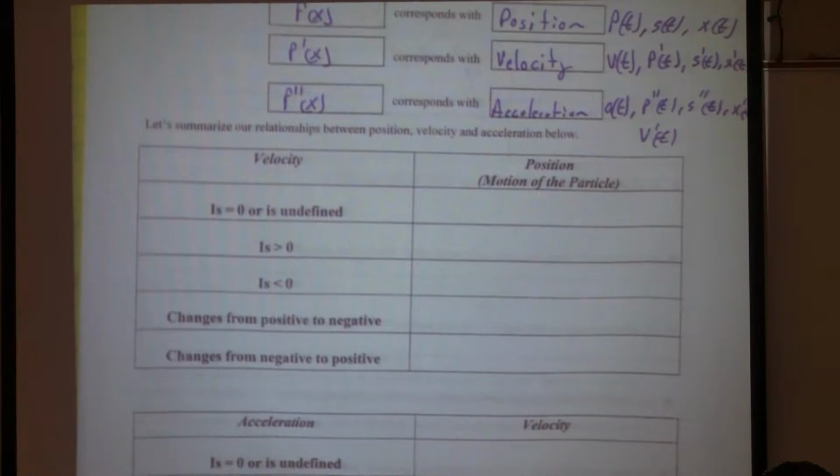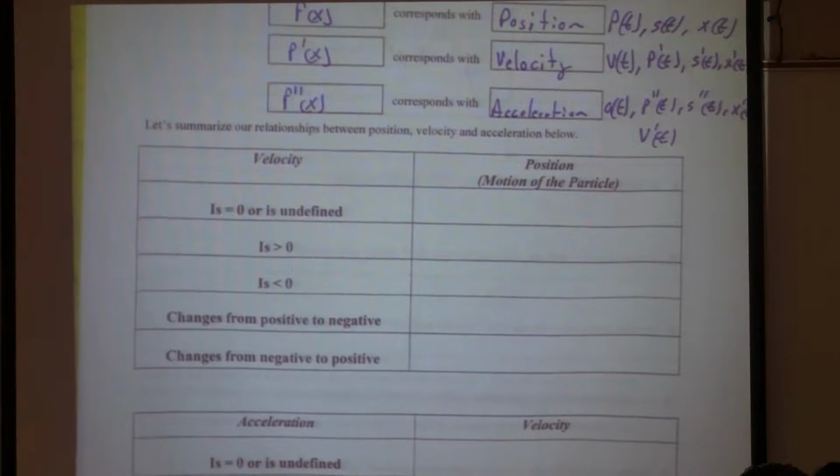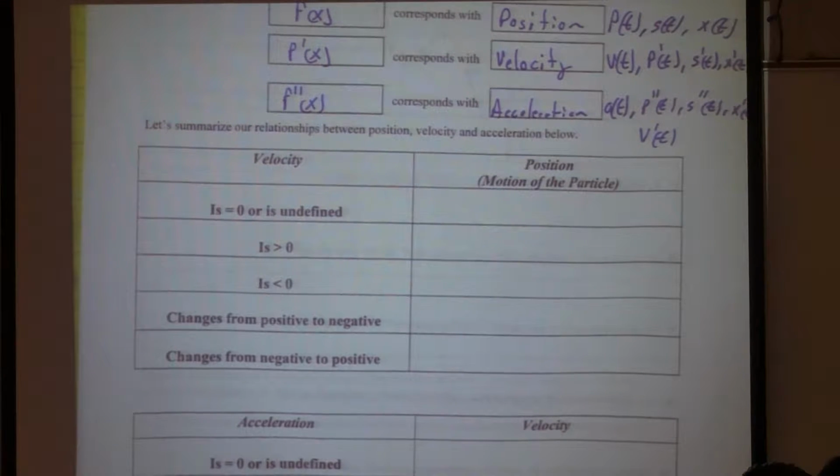It says the velocity is increasing. The rate at which it's changing is either increasing or decreasing.